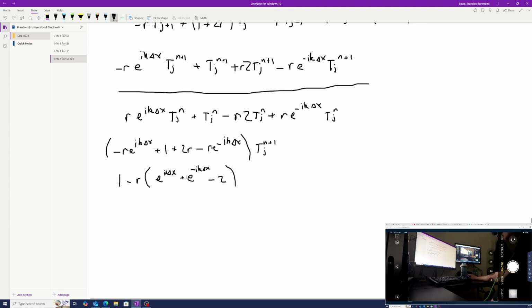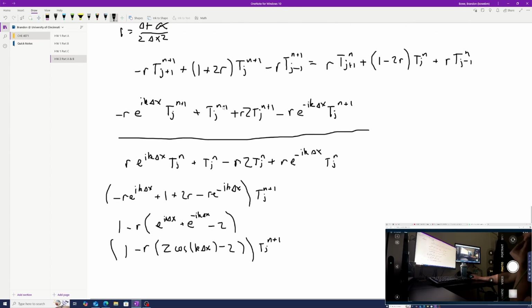What we know is that this is equal to 2 cosine k delta x minus 2. Now we have r, 1 minus r times that times tj n plus 1.